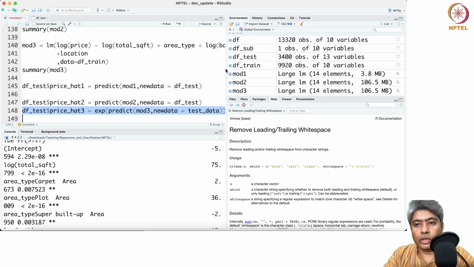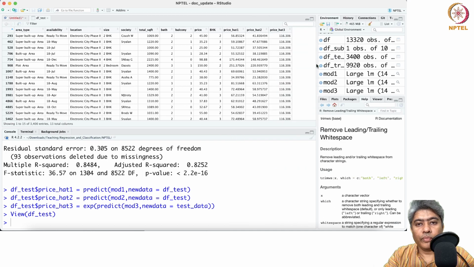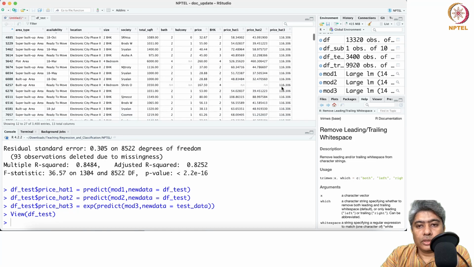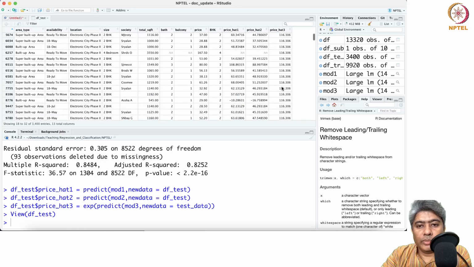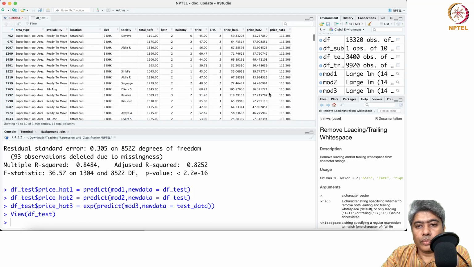And if we just look into the test, we have price hat from the first model, second model, and the third model. Okay, so the third model looks like maybe it's not that great a model, I don't know, some issue is there.